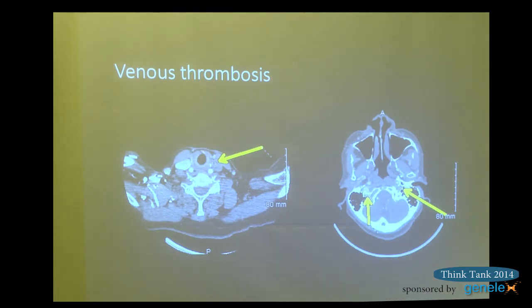This person has jugular venous thrombosis. This is the right jugular vein. This is the left jugular vein, but it didn't opacify. This is at skull base, so we're just above the foramen magnum. This is the jugular vein, and this is the jugular foramen with no opacification. There's thrombus.